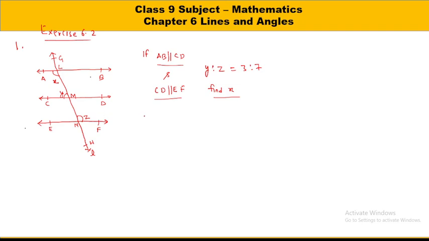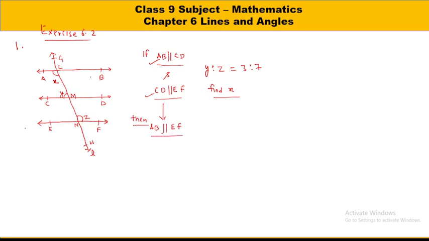Now it is given that AB is parallel to CD and CD is parallel to EF, it means AB is also parallel to EF.